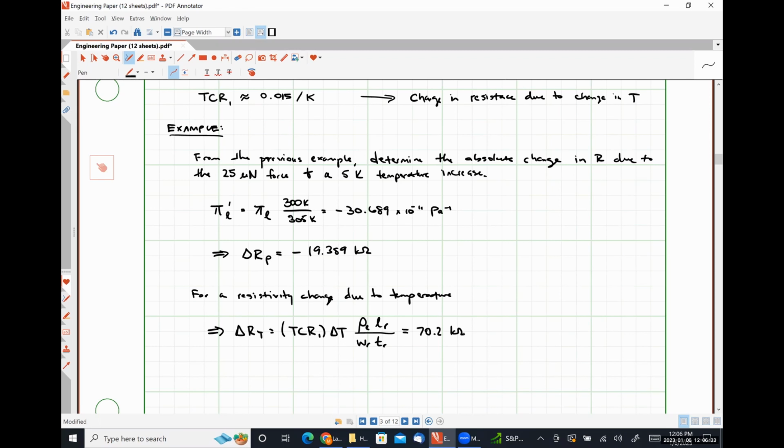Which begs the question: if we have an environment where we don't have temperature stability, can we use piezoresistors to measure accelerations, forces, etc.? The short answer is not by themselves. We're going to have to include other resistors and do ratiometric sensing.